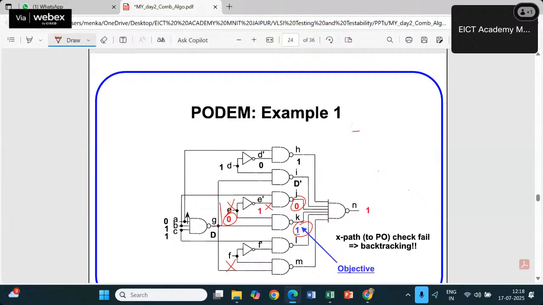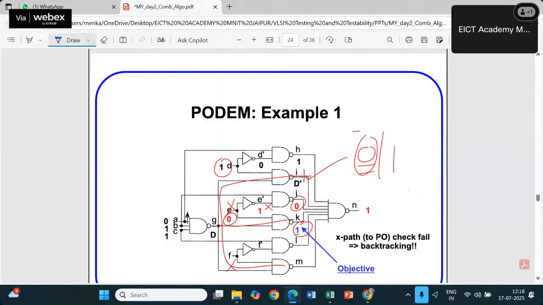This D value is passing either through this, or through this. So first of all, I am taking this as the target. What am I targeting over here? 0, because the faulty value is 1. So targeting 0, then go to the primary input. The primary input affecting this path, which is not assigned.